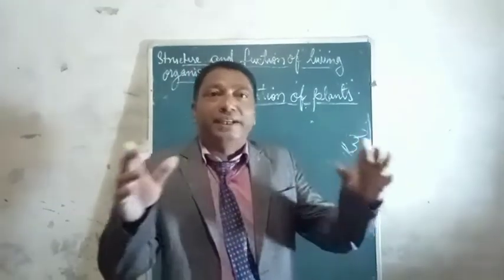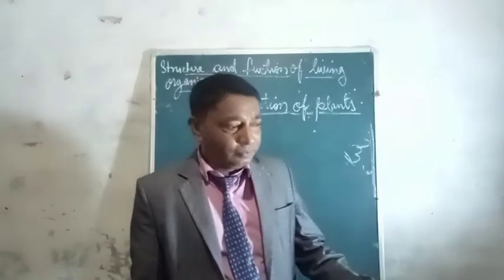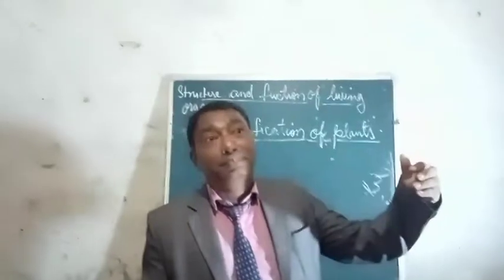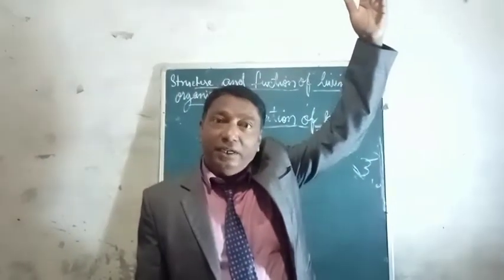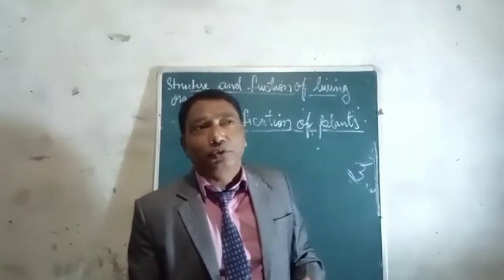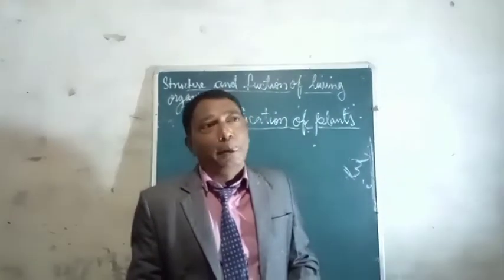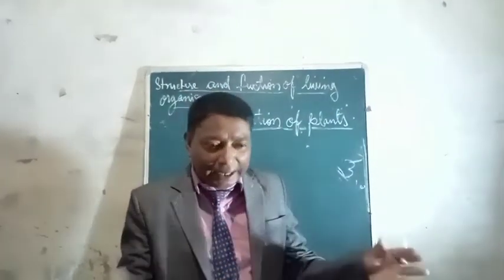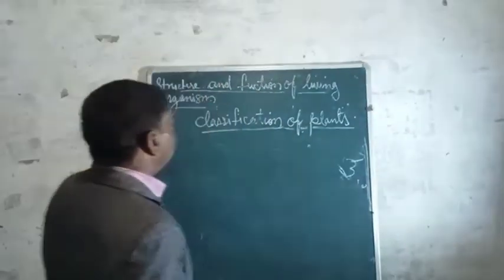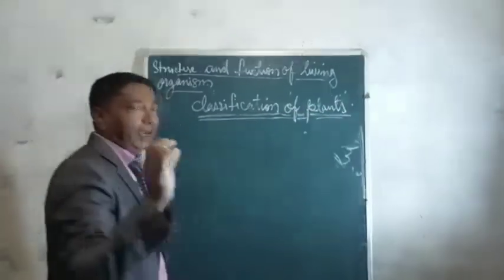Plants are of different kinds. Some are very small, some bigger, and some are even bigger. So there are different types of plants. If we classify these different types of plants, we get many types of classification. First, I will give a simple way to recognize them.